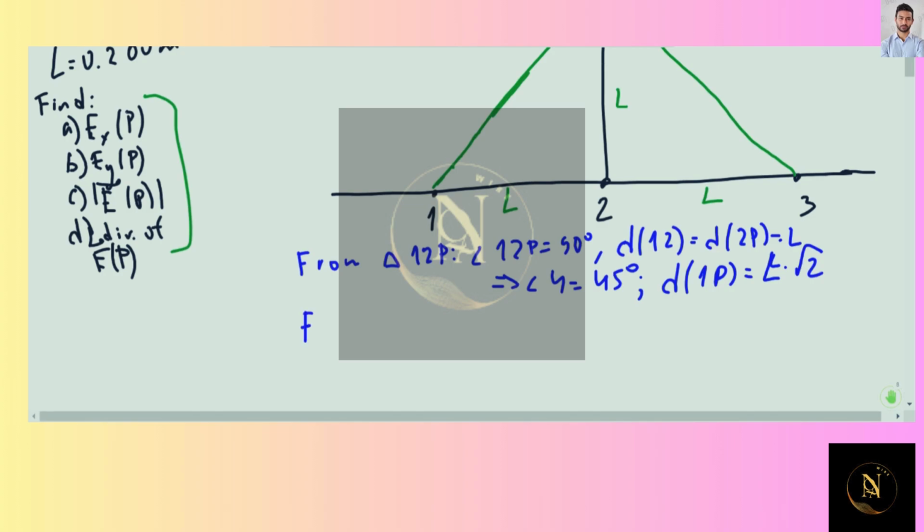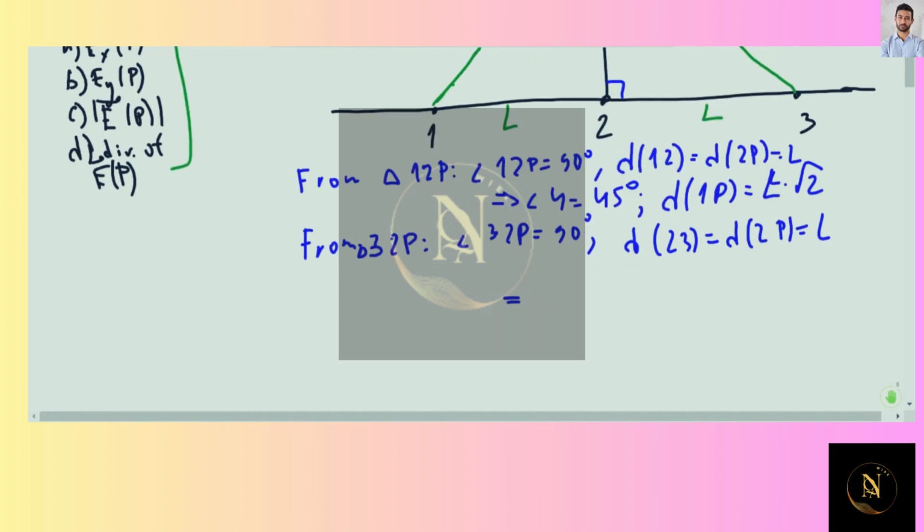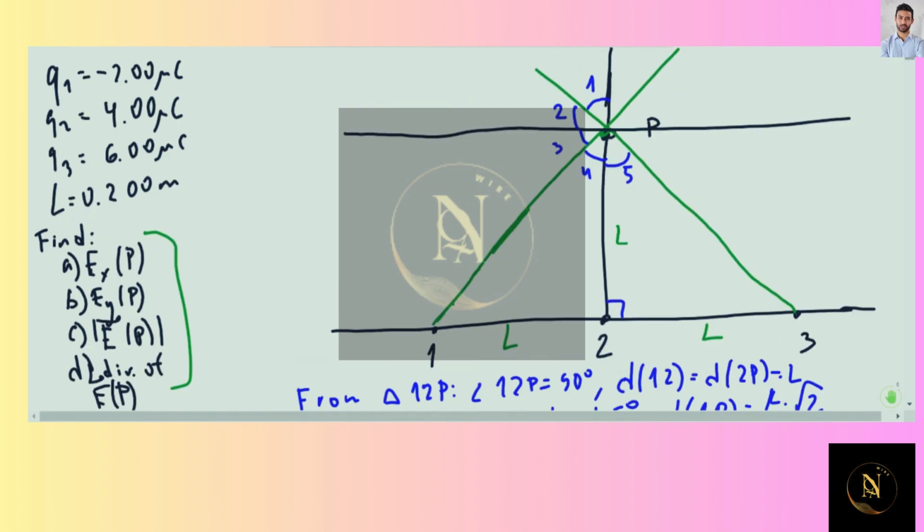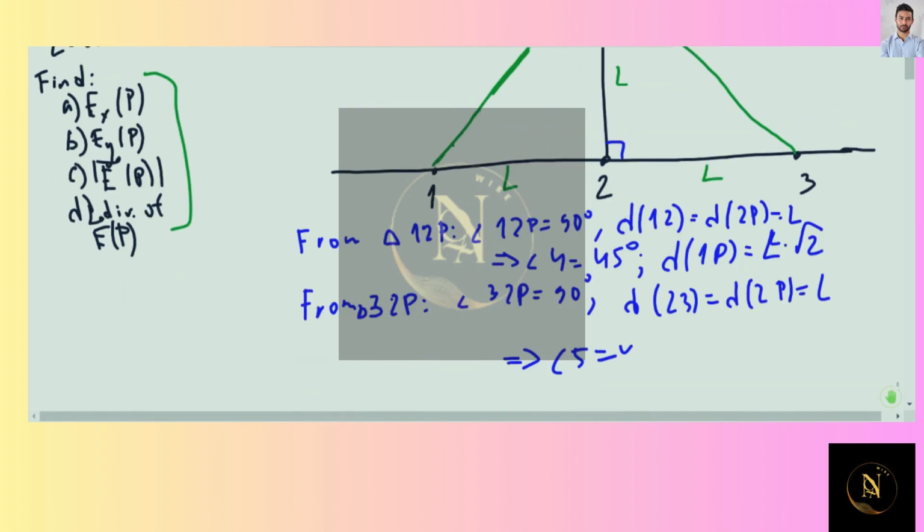In the same way, from triangle 3 2 P, where angle 3 2 P is 90 degrees, this guy, the distance between points 2 and 3 equals the distance between points 2 and P, which is L. And according to the same principle, angle 5 is 45 degrees.